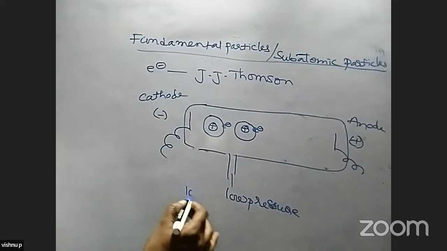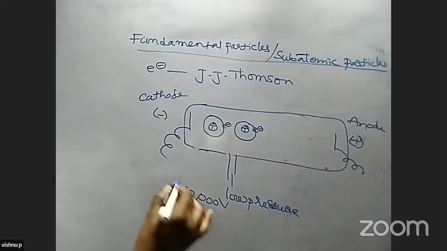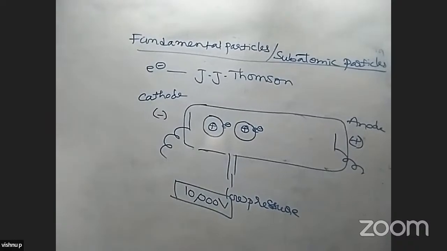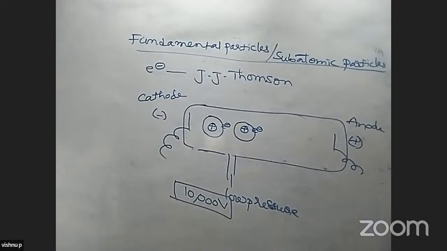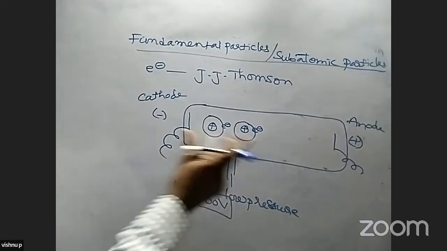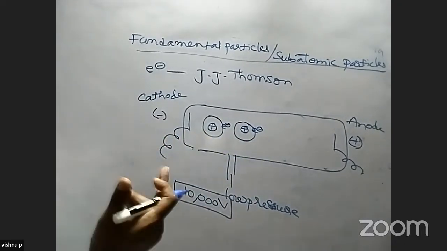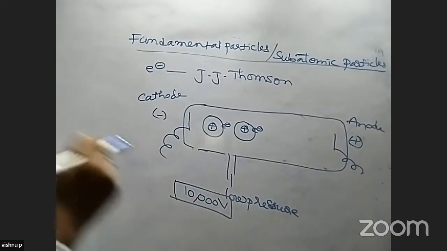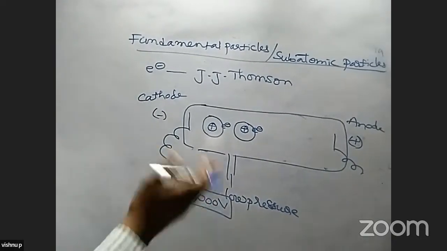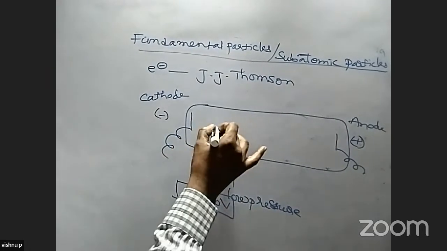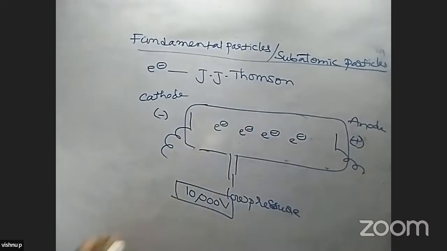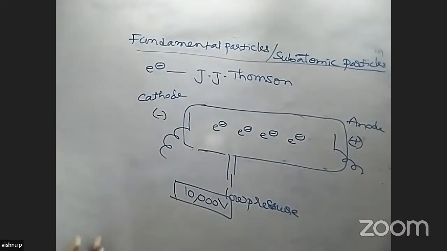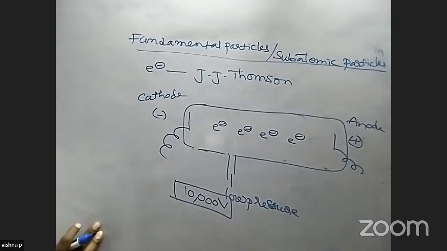We maintain a potential difference of 10,000 volts or more. Under low pressure and high voltage, gas molecules collide and the distance increases, so loosely bonded electrons are separated out. This stream of electrons is called cathode rays.